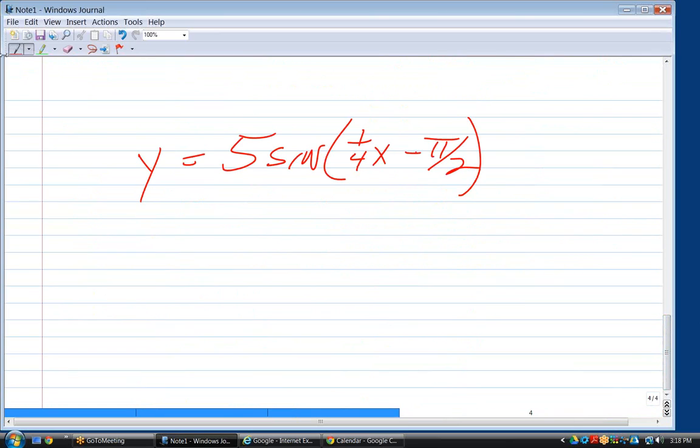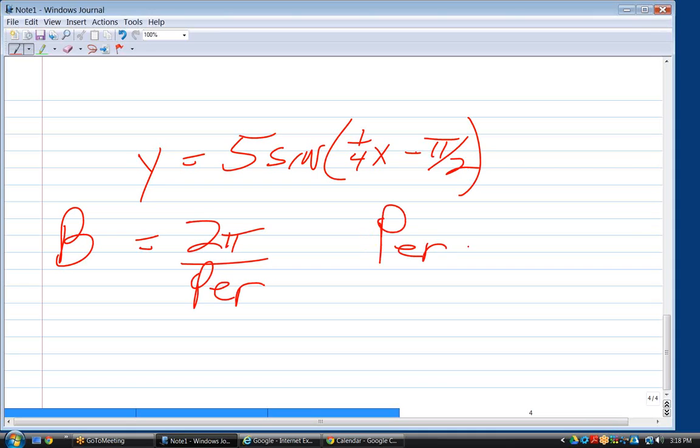All right, what did they want here? They wanted the period. Okay, the period is related to B. So B is equal to 2 pi over the period, or the period is equal to 2 pi over B. Notice they're the same.